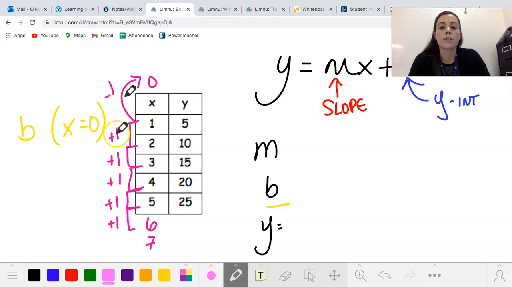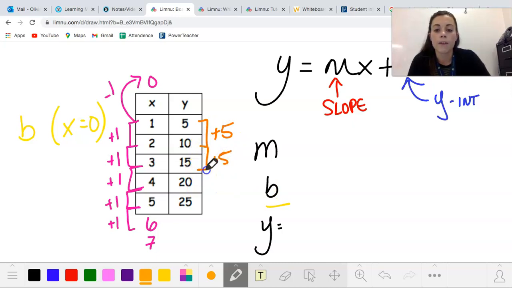All right, so that was on our x side. We now have an x as 0. Let's talk about our y side. On the y's, from 5 to 10, that is a change of 5. We're increasing by 5. That keeps happening here: plus 5, plus 5, plus 5. If we add another 5, we're going to be at 30, then 35.